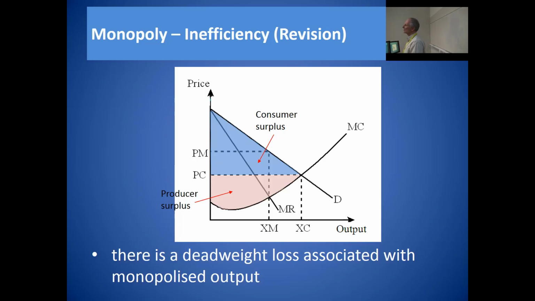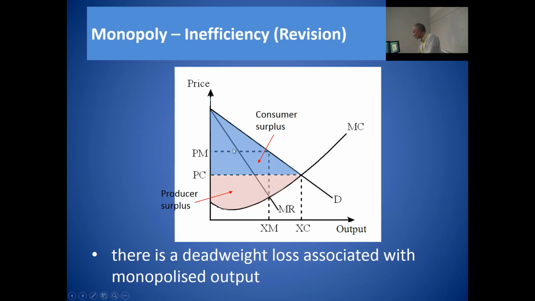And why does it restrict output? Well, it restricts output to maximise profits. And profits are maximised where marginal revenue and marginal costs are equated. I won't go through this again, I'm assuming this is prior knowledge for you. Marginal revenue and marginal costs being equated, that's the profit maximising level of output.